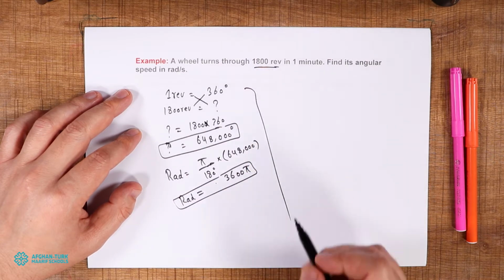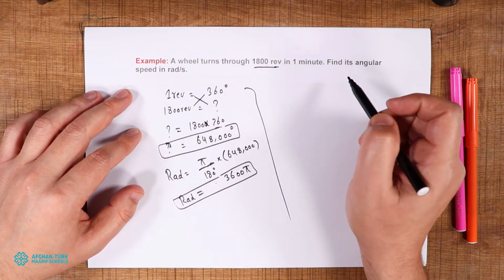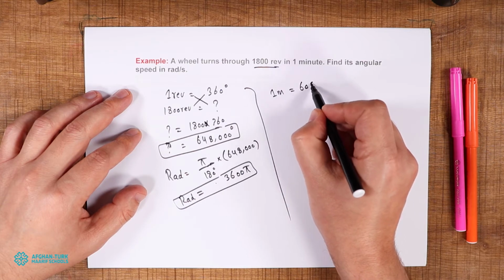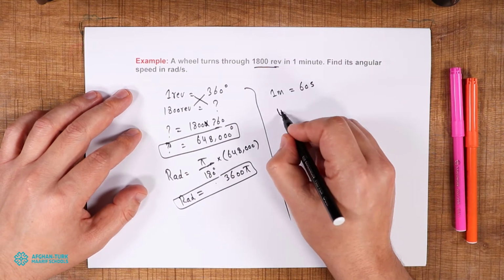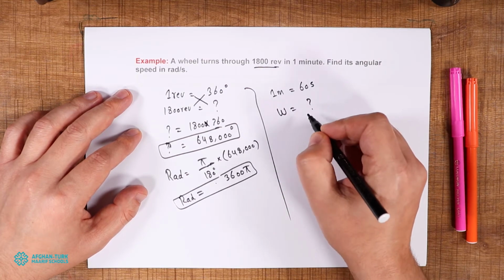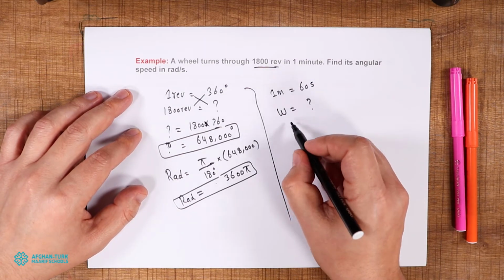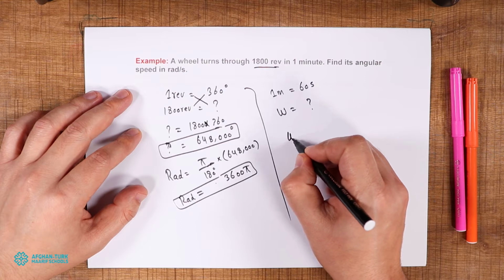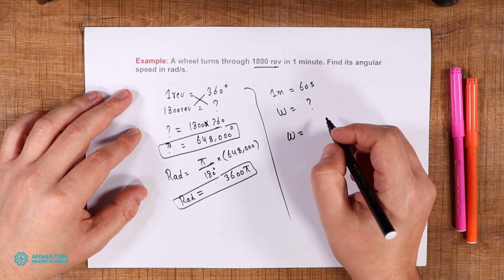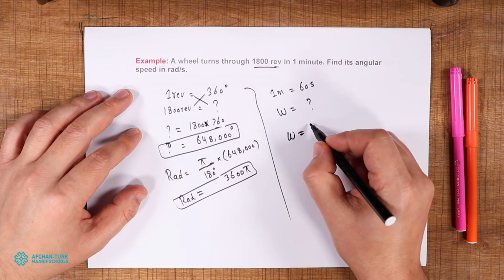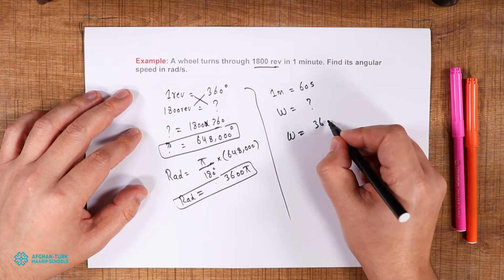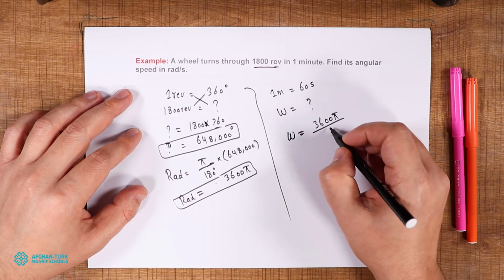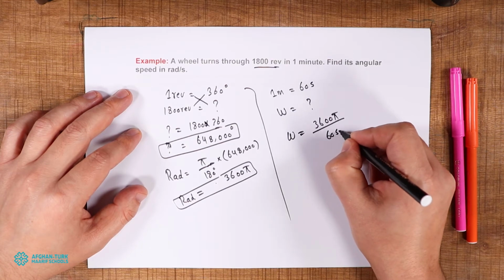Now in the question they ask for 1 minute, and 1 minute is equal to 60 seconds. If we want to find the angular speed, omega is unknown, so just use the formula: omega is equal to 3600 pi divided by 60 seconds.